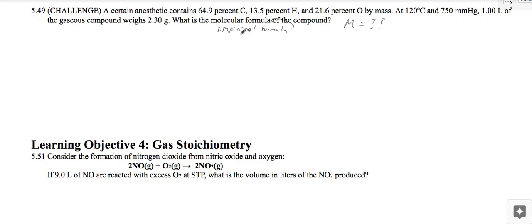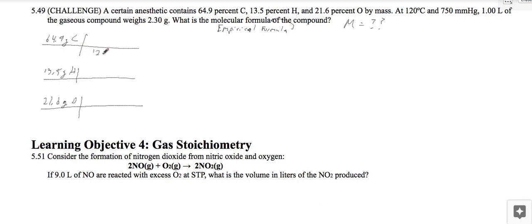All right, so the first thing we have to do is come up with the empirical formula. The second thing we have to do is figure out the molecular mass and then compare those two pieces of information. So we can go through here and figure out the carbon: 64.9 grams of carbon, 13.5 grams of hydrogen, and then 21.6 grams of oxygen.